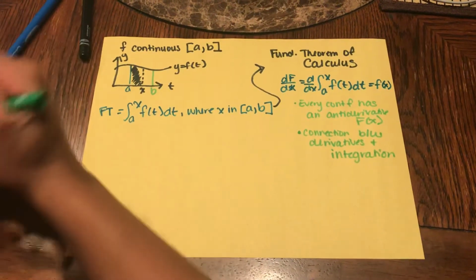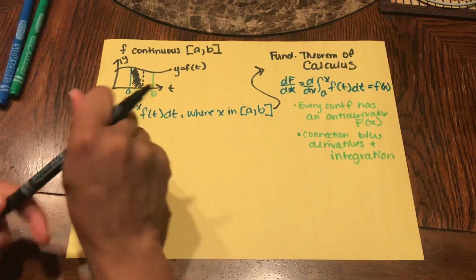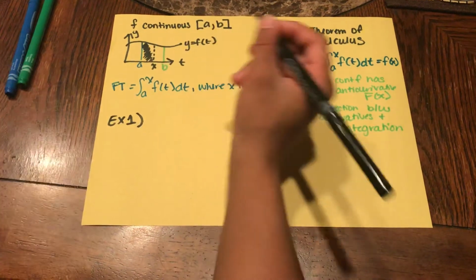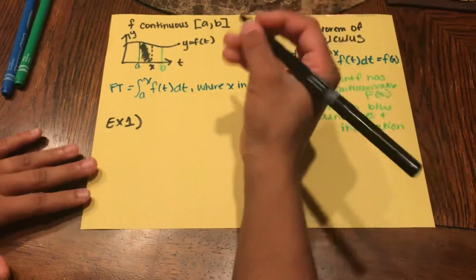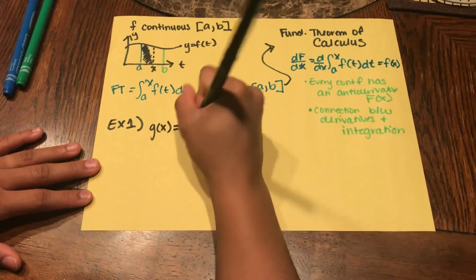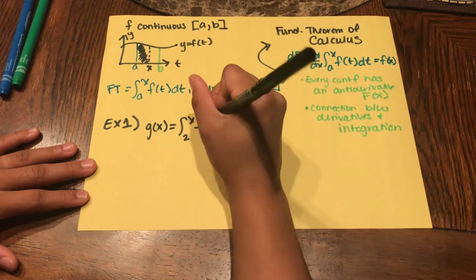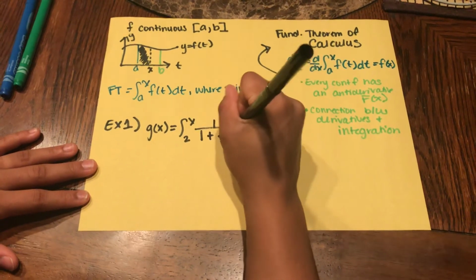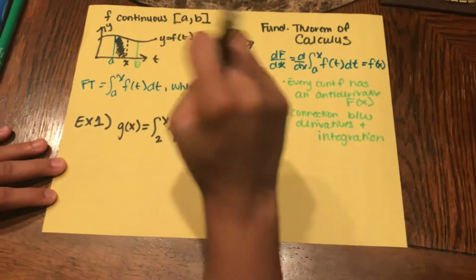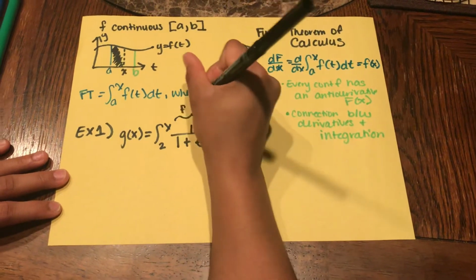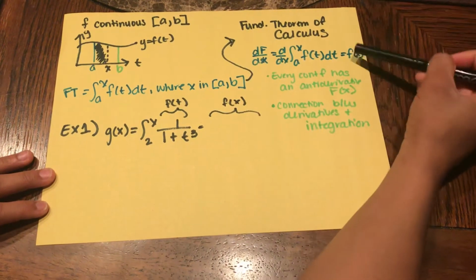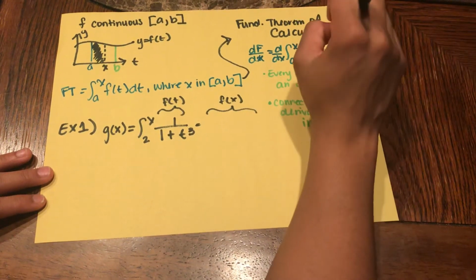So we're going to go on to our first example. We have example 1, which is our general equation. We have g of x equals the integral from 2 to x of 1 over 1 plus t cubed. Now we have our 2 to x and we have a t term, we have to make the f of t term turn into the f of x term, like in our equation of the fundamental theorem of calculus.